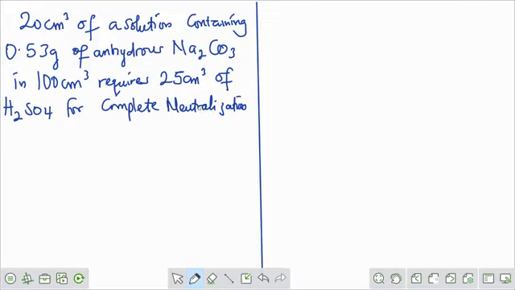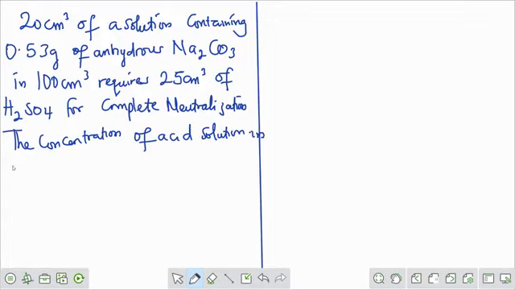They now ask us to find the concentration of the acid solution in moles per dm cube.